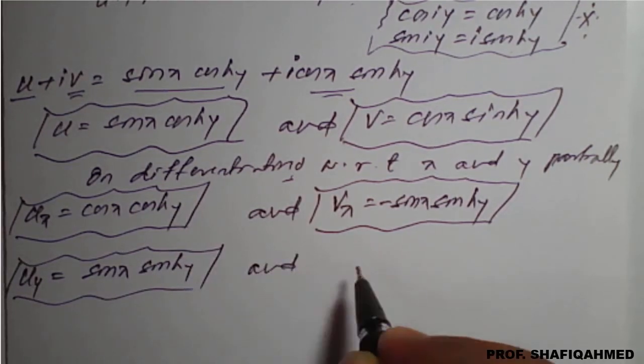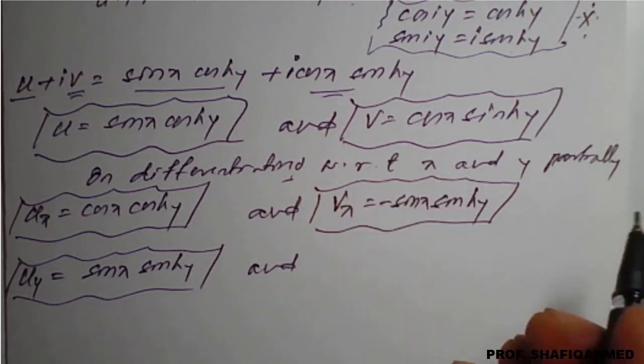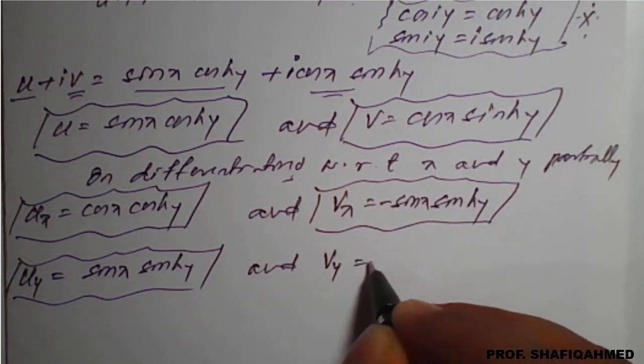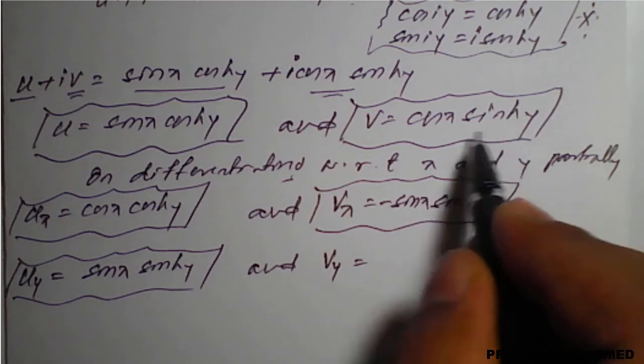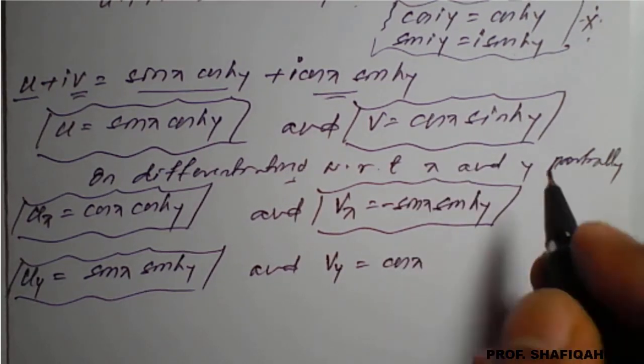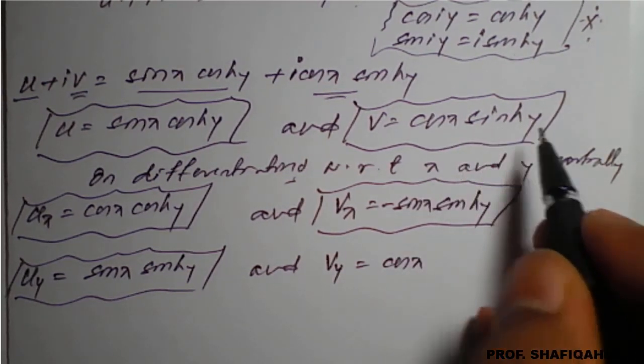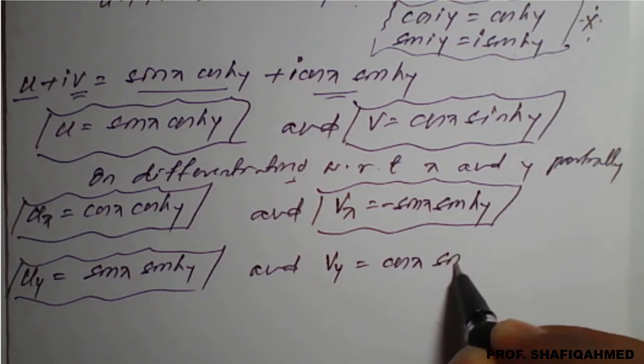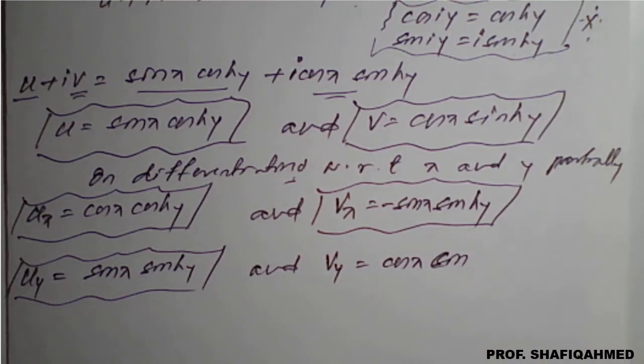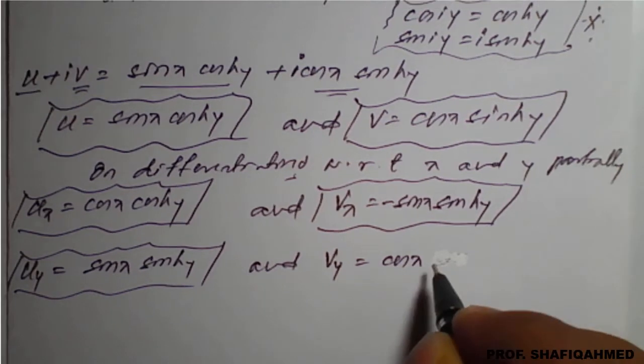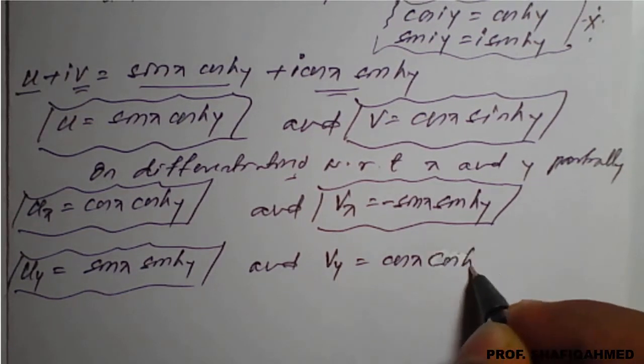And the partial derivative of v with respect to y is v_y, so here cos x is a constant, and the partial derivative of sine hyperbolic of y with respect to y is cos hyperbolic of y.